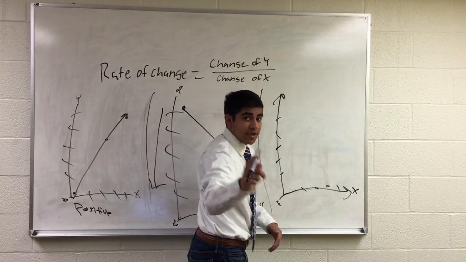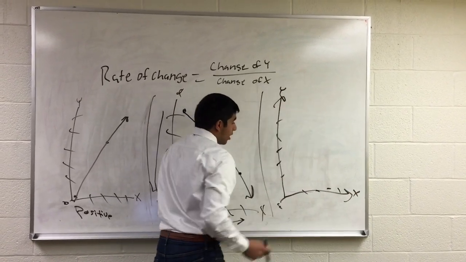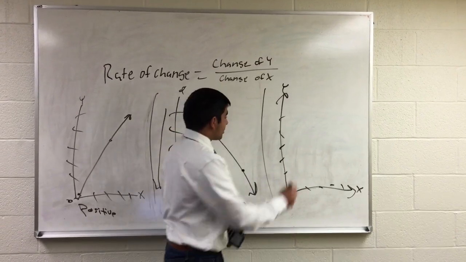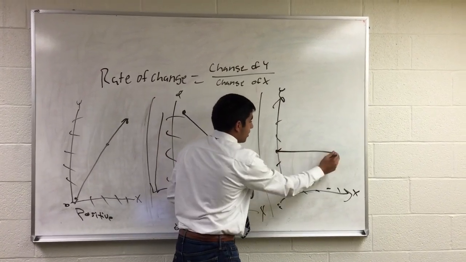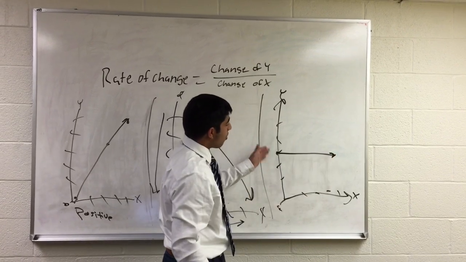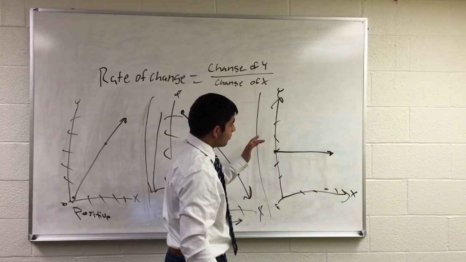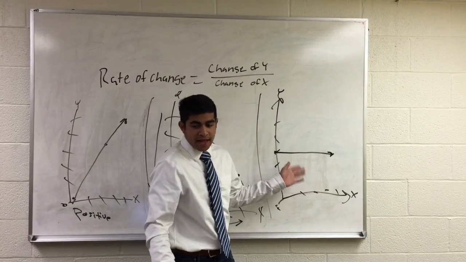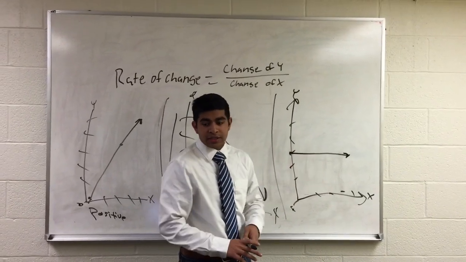Label your axis. If you don't, you're going to miss points on the test. So basically, you're going to have a point here and go straight across. As you can see, your y value remains constant. Your x keeps going on, but that's what makes the 0 rate of change.